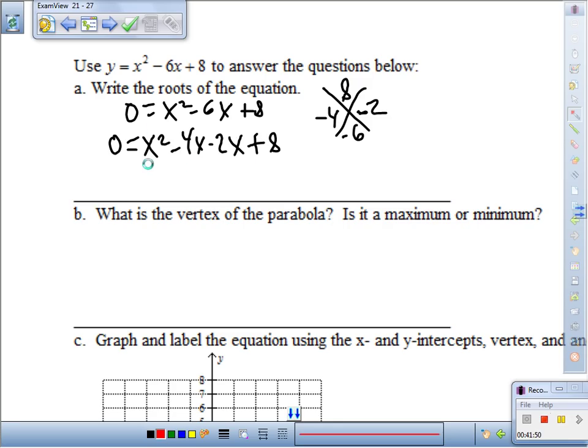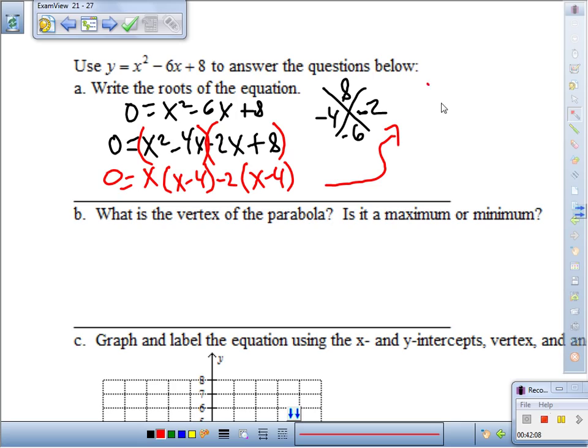Group. GCF for these two is x. We're left with x minus 4. GCF for these two is negative 2, and we're left with x minus 4. Therefore, I'm going to continue over here. I got 0 equals x minus 4 times x minus 2. At that point, we do what?